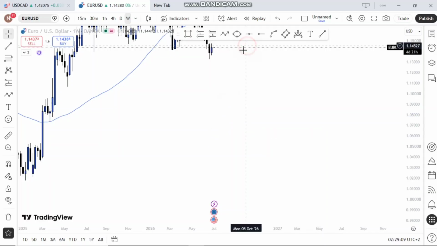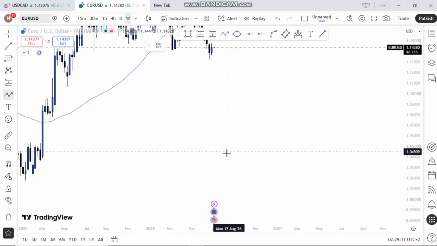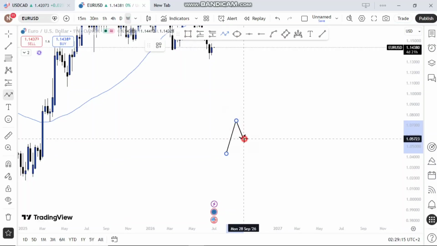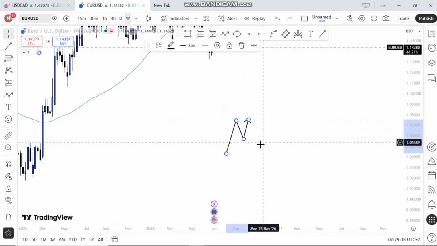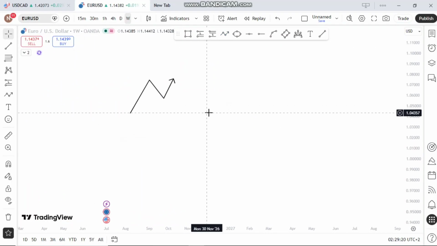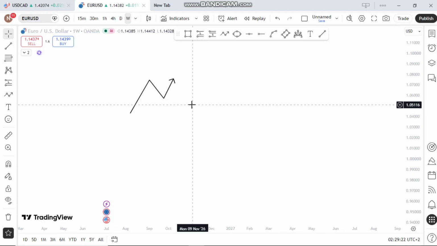For example, you might come onto a market and see that it's currently here.